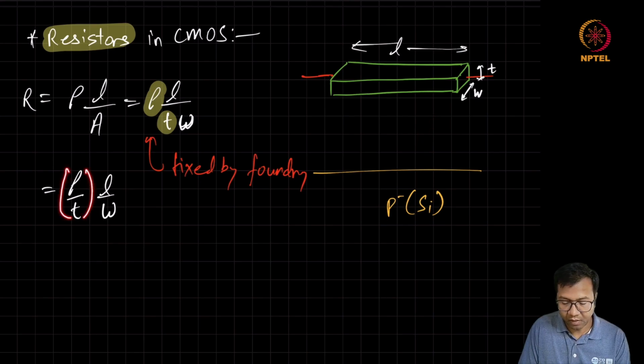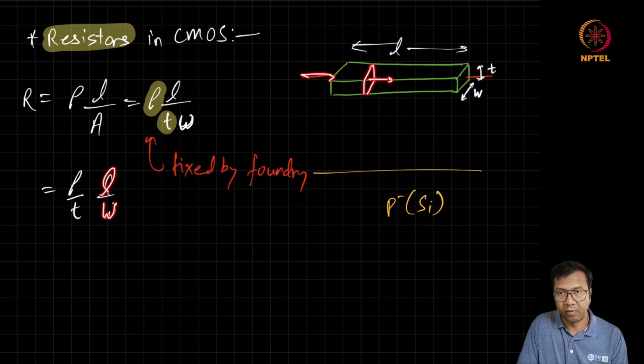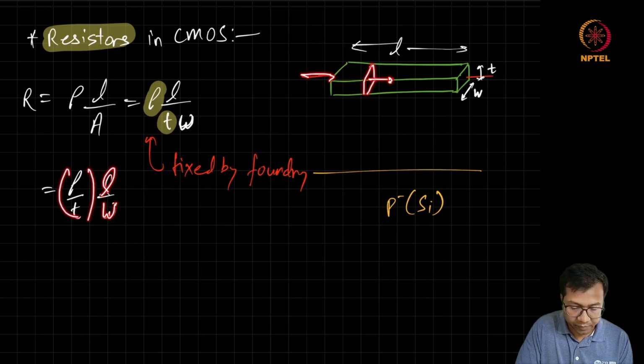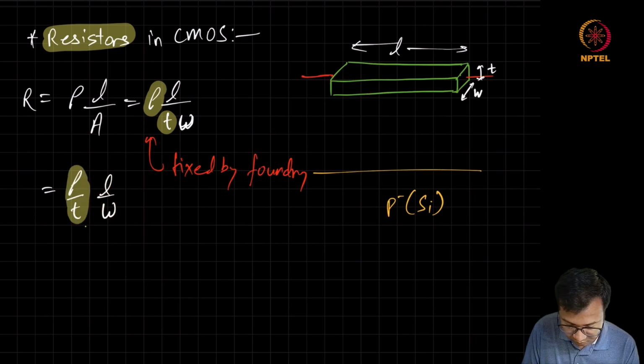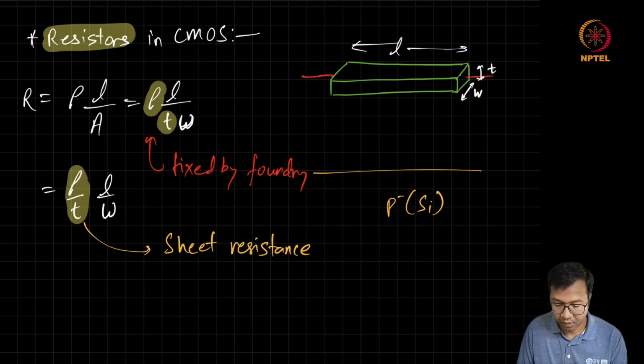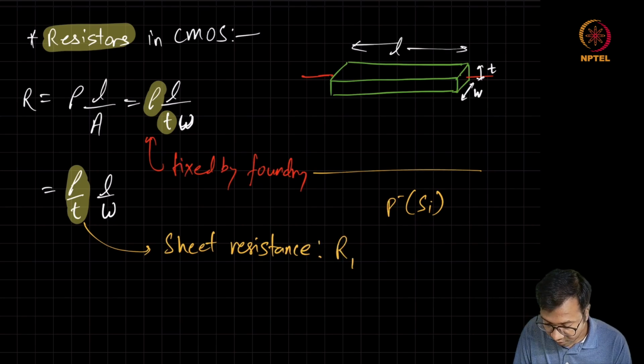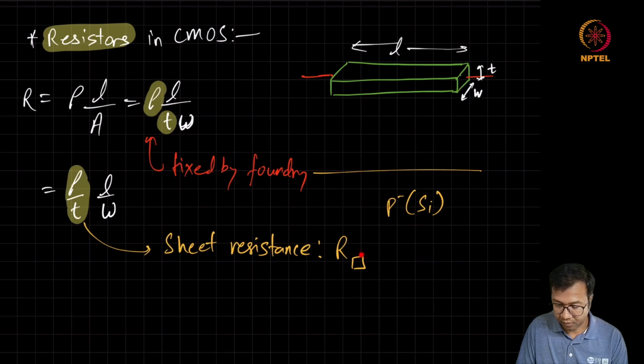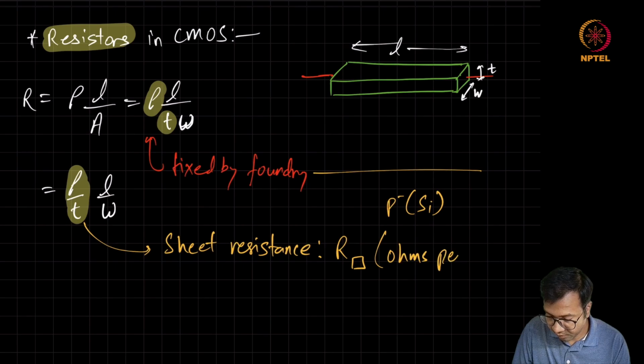This rho by T also has units of ohms, but when length and W become equal, then the resistance of such a material is going to be equal to rho by T. This is also called sheet resistance, denoted as R with a square box here, showing that if the top view looks like a square, then the resistance of such a block is going to be equal to rho by T. It has units of ohms per square.